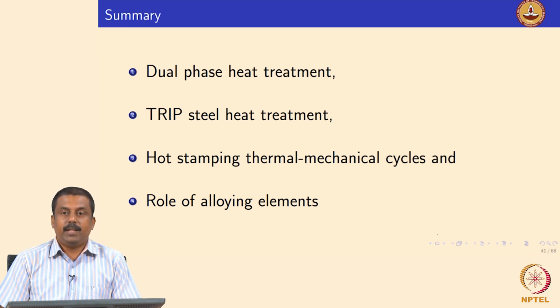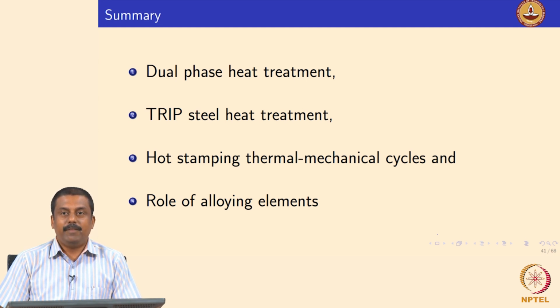But because of the enrichment, your MS and MF temperatures decrease significantly. MF goes below room temperature. Therefore, we stabilize the austenite which is untransformed during this isothermal bainitic holding as retained austenite at room temperature. Because of this special heat treatment, we have a three phase microstructure: generally ferrite, carbide free bainite or bainitic ferrite, and retained austenite.